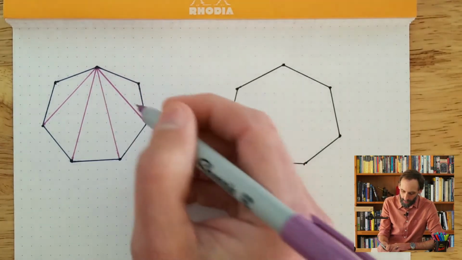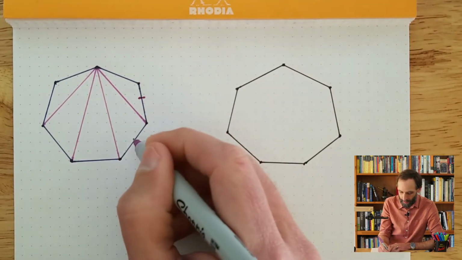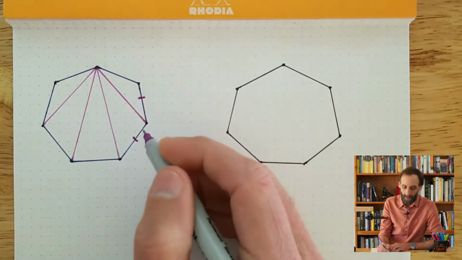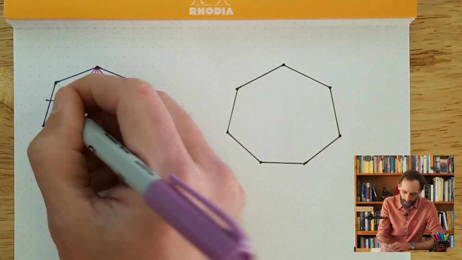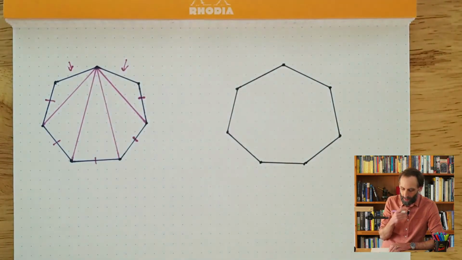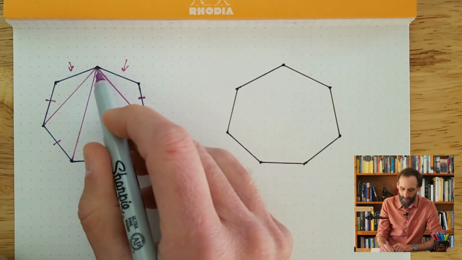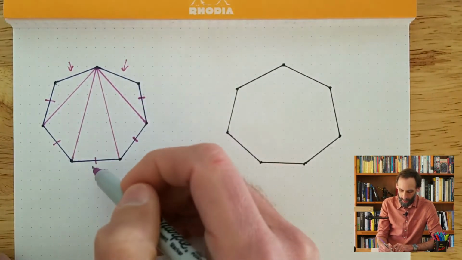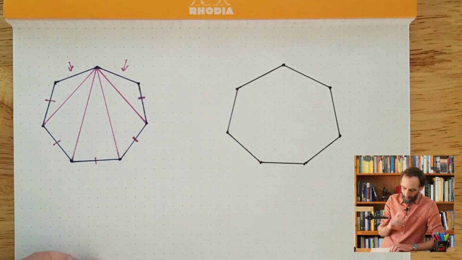Well, each triangle has the opposite side as one of the sides of the original polygon, with two not being used. We don't use this one and we don't use this one. So you skip the two sides that are connected to the point that you made all the lines from. But all the other sides are sides of unique triangles.